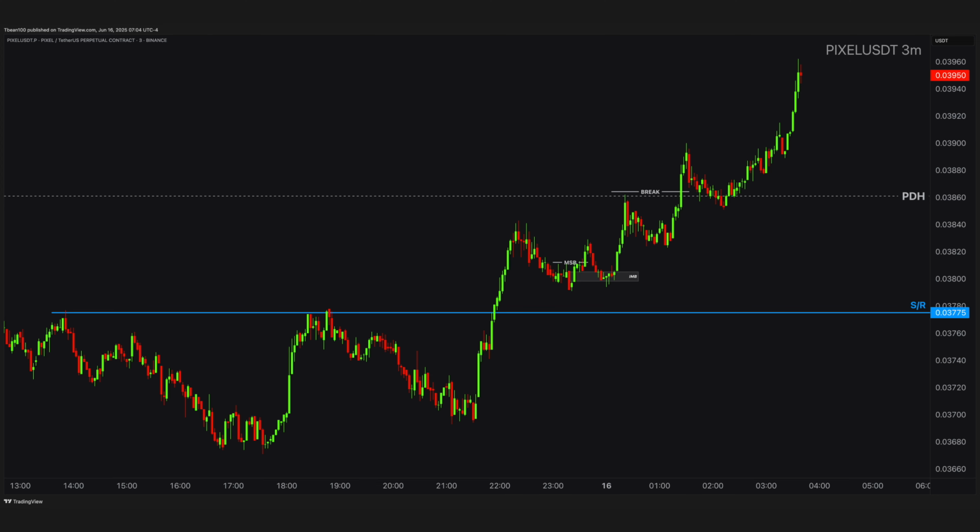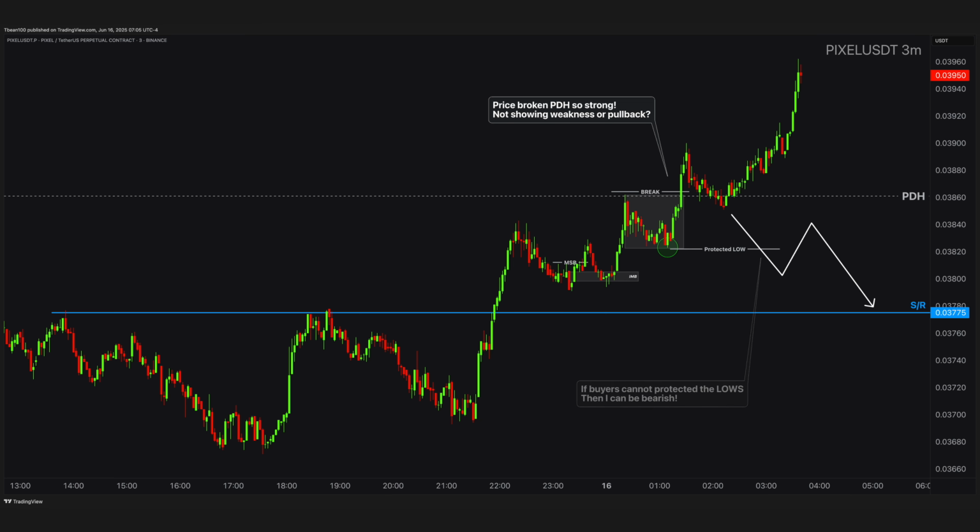Now, what happens after the previous day's hunt? Price strongly breaks the level with high momentum. As you can see, buyers are still in control here. Basically, until I see a strong shift from the sellers, it is not easy to take short trades here.